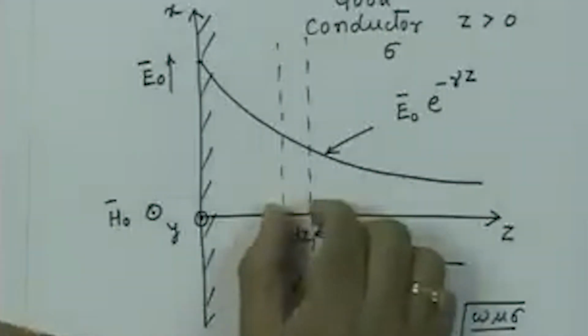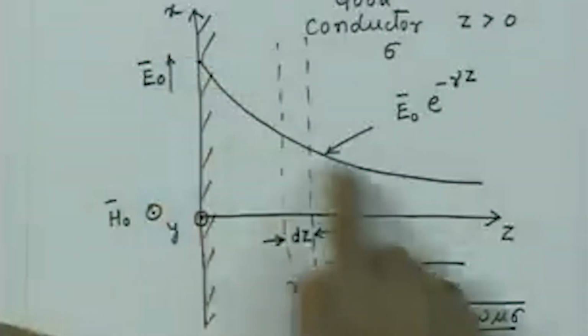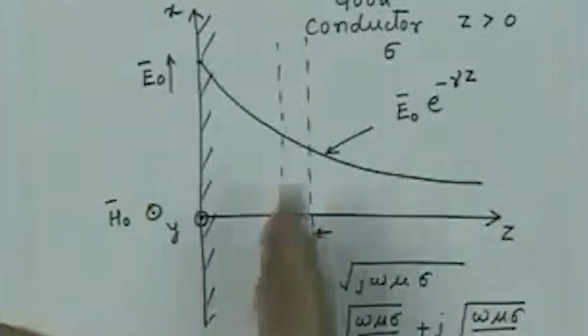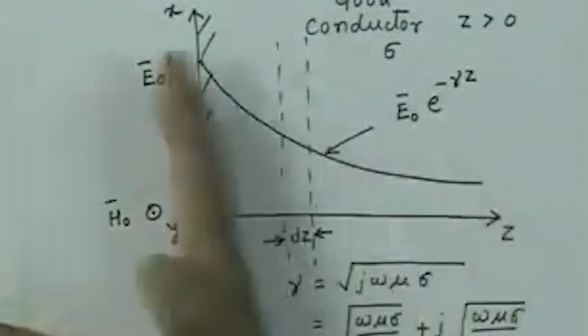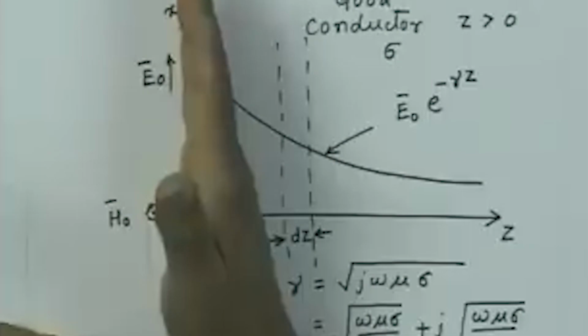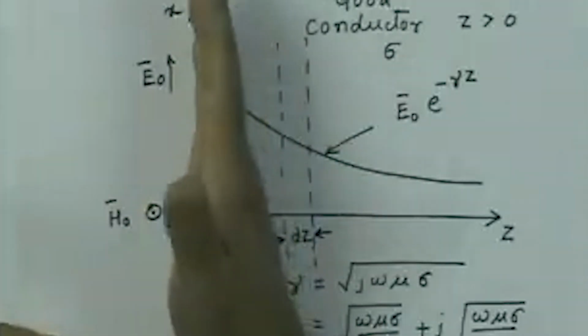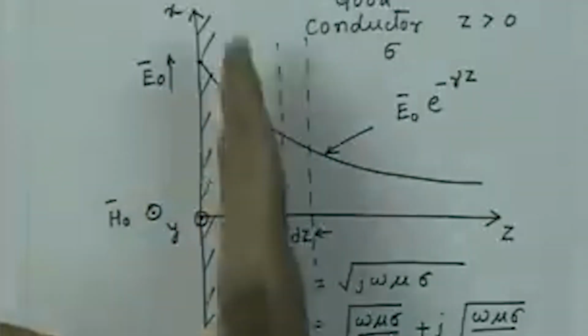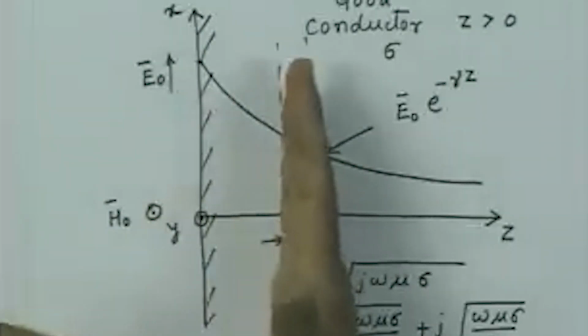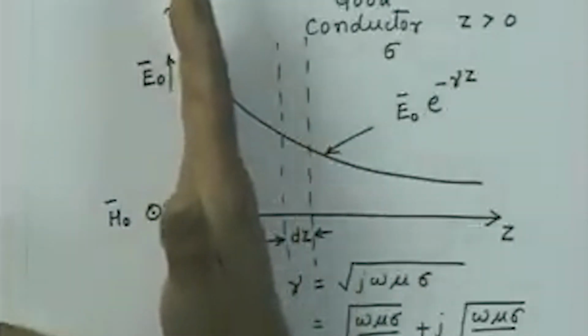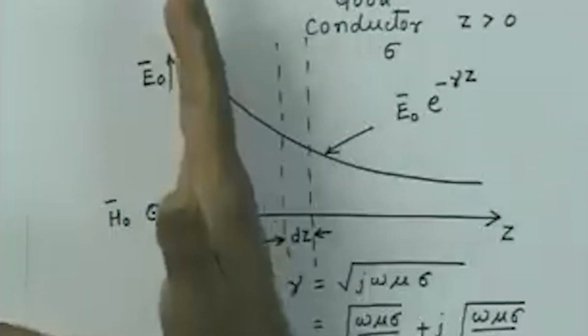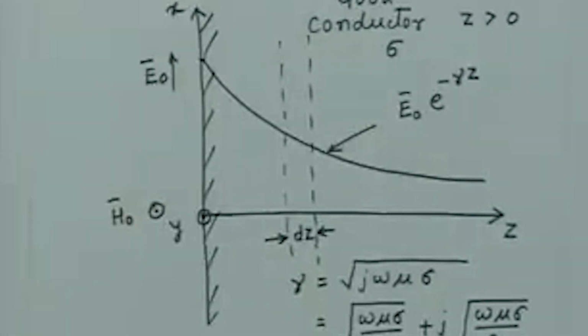Essentially, if I take the conduction current density and integrate over this depth, I get the total current flowing under this surface xy, and if I take that surface as a unit surface, then I will get the current flowing under that unit area.